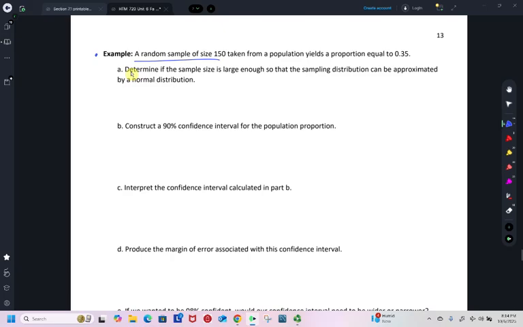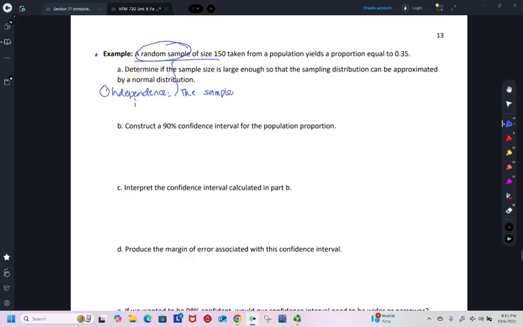We are to determine if the sample size is large enough so that the sampling distribution can be approximated by a normal distribution. To do that, we need to check the conditions. First, the condition of independence, which is usually satisfied because the sample is random.